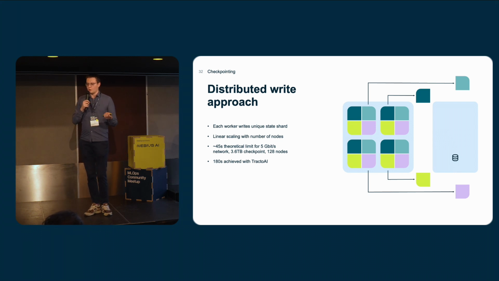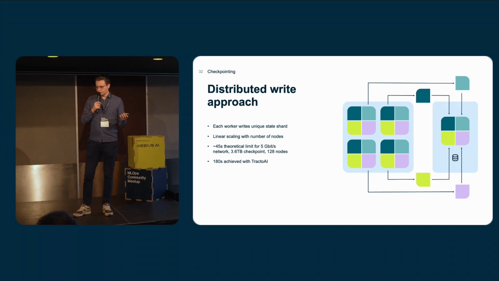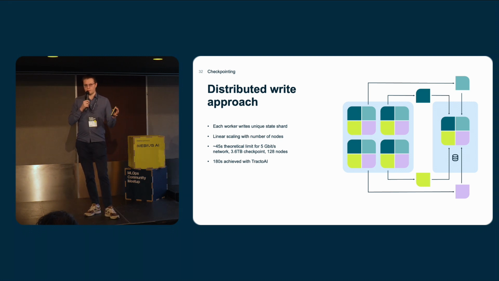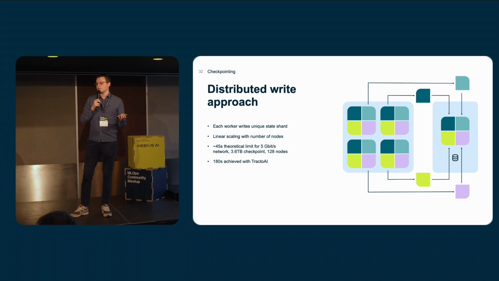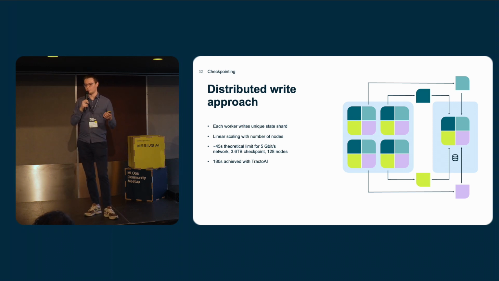As you can see in this picture, if we have 4 workers, each of them writes a quarter of all tensors in the training state, and the persistent storage ends up with an entire copy of the tensors.